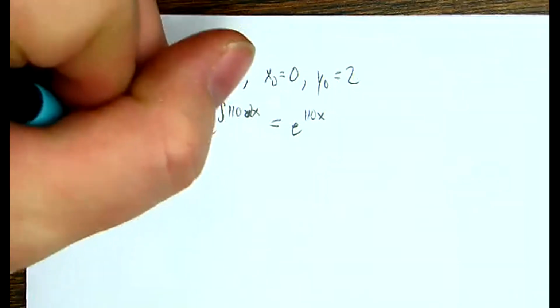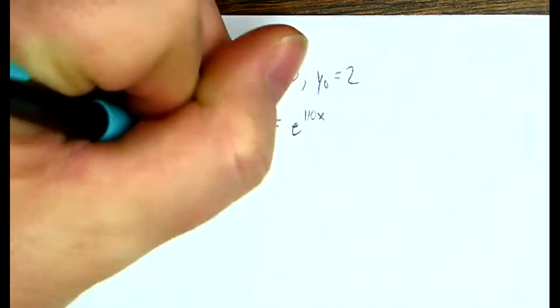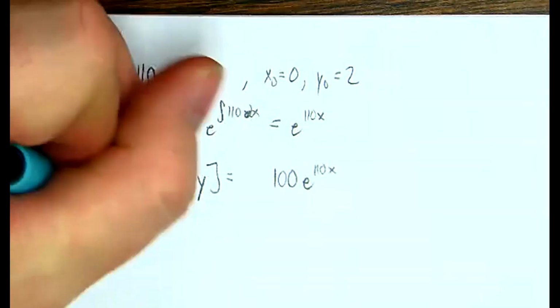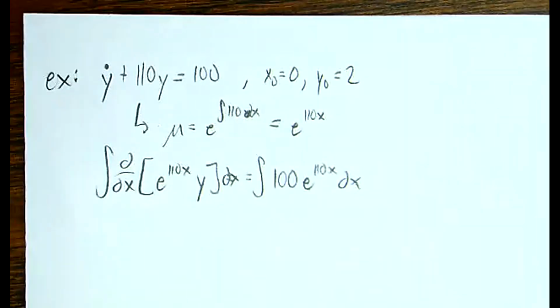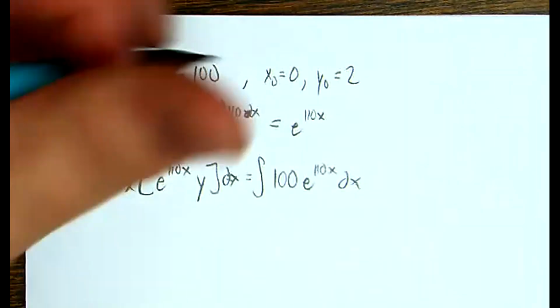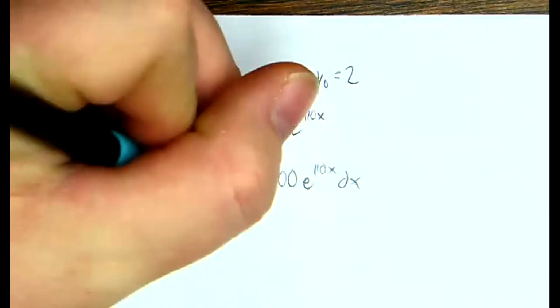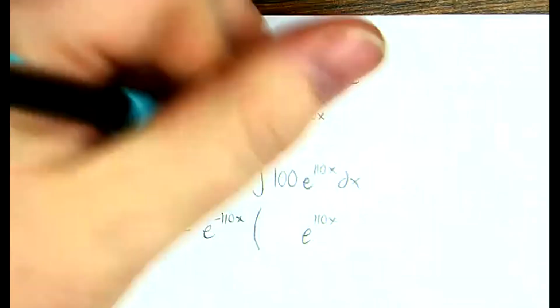So this becomes the derivative with respect to x of e to the 110x y is equal to 100 e to the 110x. Integrating both sides with respect to x gives us y is equal to e to the negative 110x times the antiderivative of this, which is e to the 110x divided by 110.